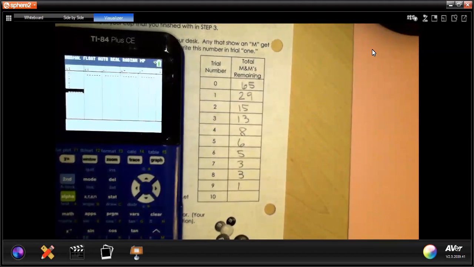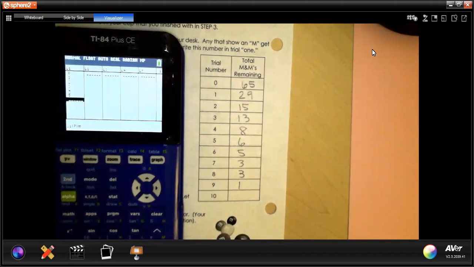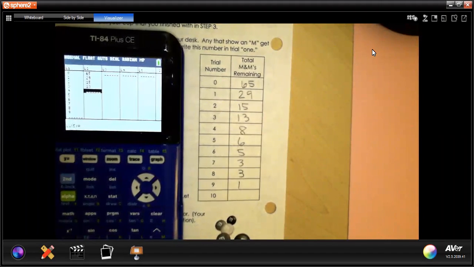Now, technically, I guess I shouldn't have deleted the L1 since those were the same. The L2 are the ones that are important to change here. There we go. Oops. 3 and then 1.